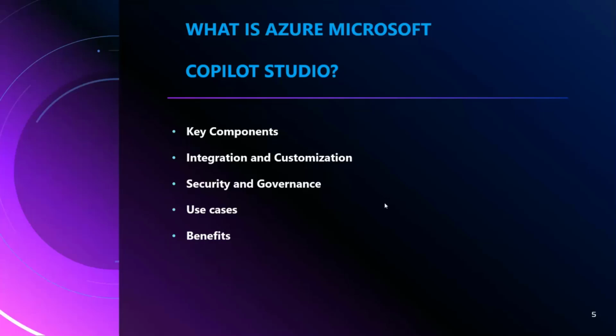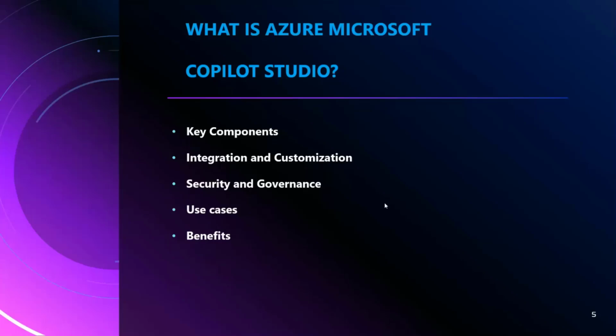And self-governed users can monitor and control AI agents, ensuring they operate within defined guidelines and policies. For the use cases, there are a lot which you already know, because Microsoft Copilot Studio is famous now. So customer support, employee assistance, sales and marketing, IT support, a lot of use cases there.